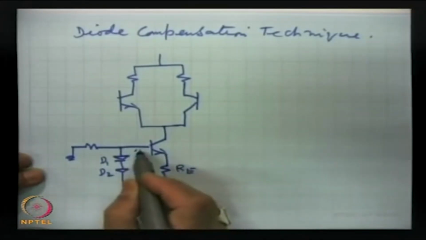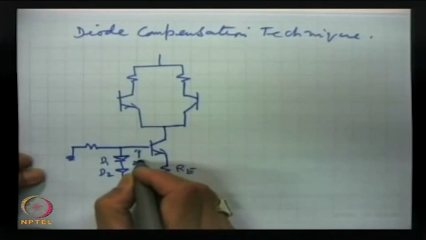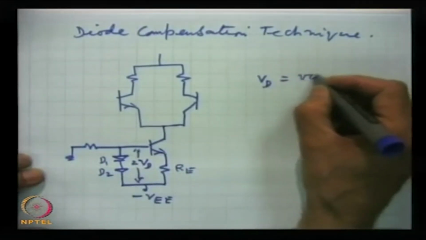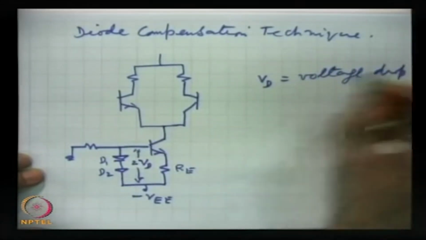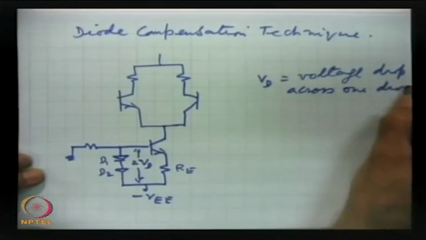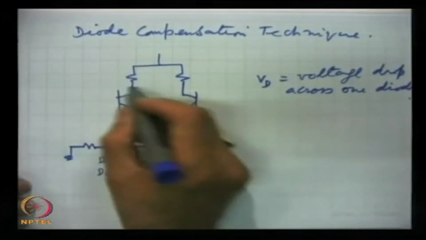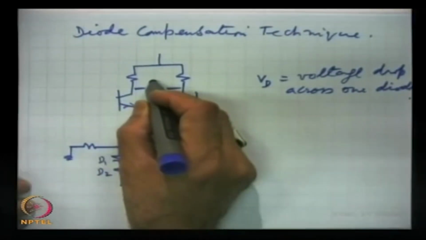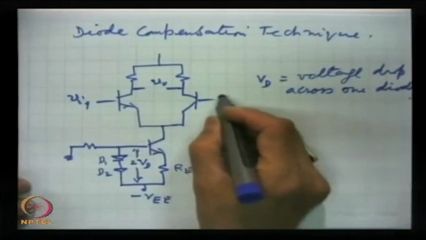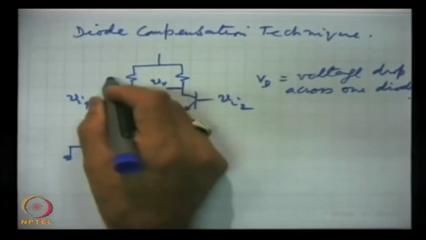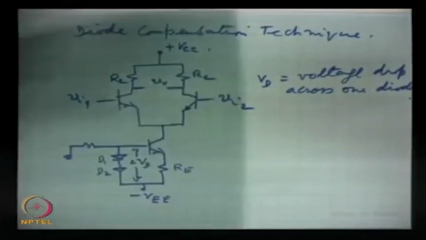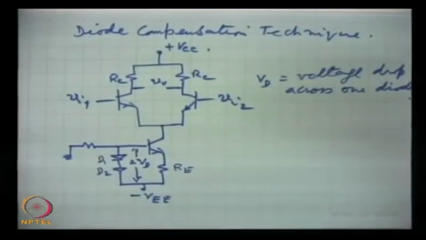So, the voltage here will be 2 VD, where VD is the voltage drop across one diode, and the resistance R1 is replaced by 2 diodes.